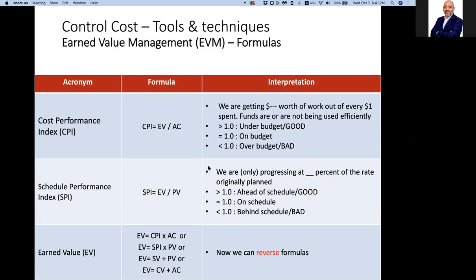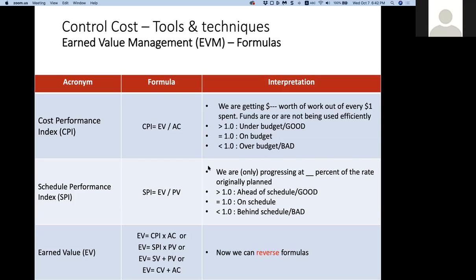The interpretation is that we are getting, say, 70 cents worth of every $1 we spent, which is good or bad? Which is bad, of course. If we are getting $2 of every $1 we spend, it's good. Excellent.